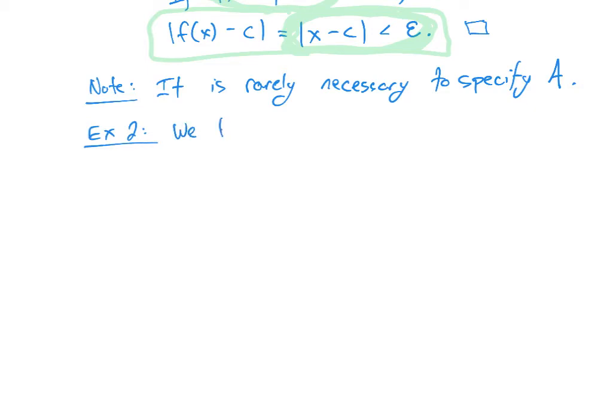So now I'm going to do a second example. Here we go. The limit as x approaches c of x squared is what? I'll take guesses first. Yes, c squared, thank you.